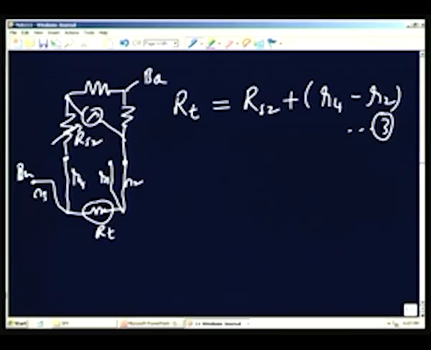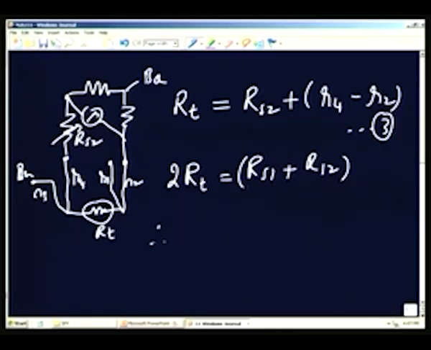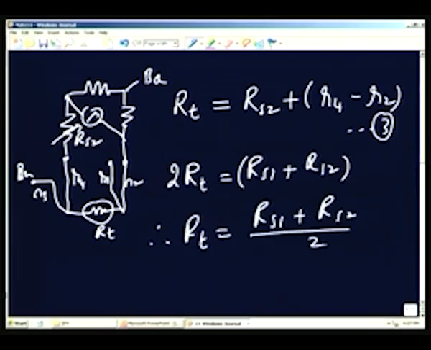The second case is equation 3. So, if I take the sum of these two, 2RT equal to RS1 plus RS2, the R4 minus R2 here and R2 minus R4 there cancel, and therefore, RT equal to RS1 plus RS2 divided by 2.